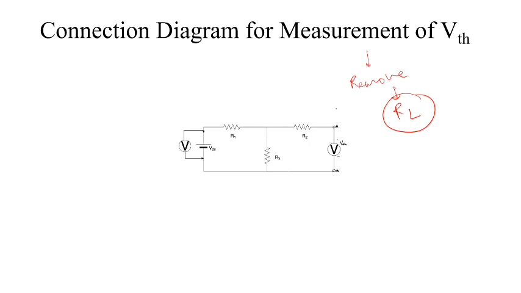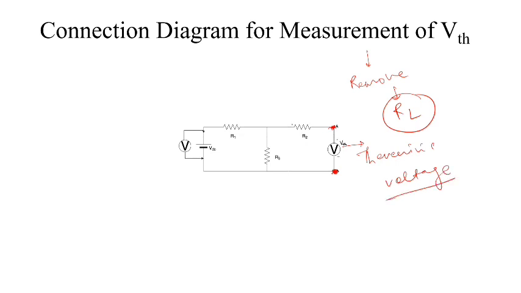But in case of practical realization, it is quite simpler. If you want to find the voltage between these two terminals, you simply put a voltmeter across these two terminals and it will show you the reading of voltage, which will be known as your Thevenin's voltage.